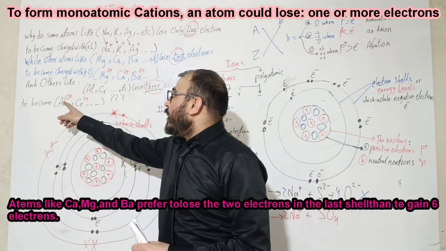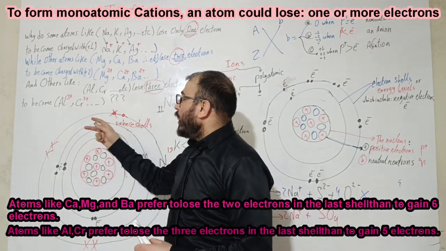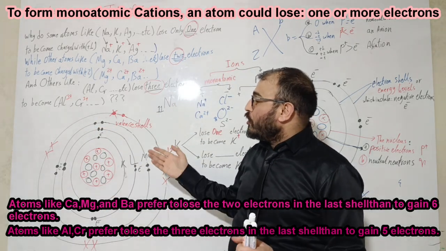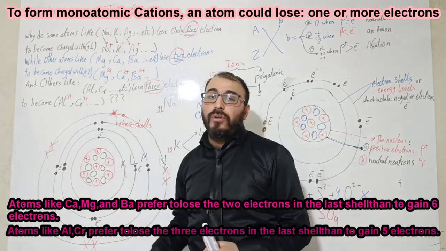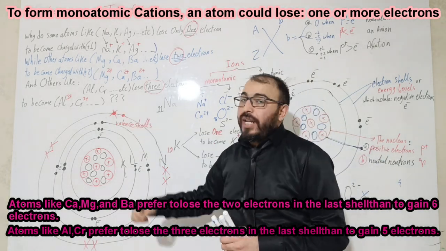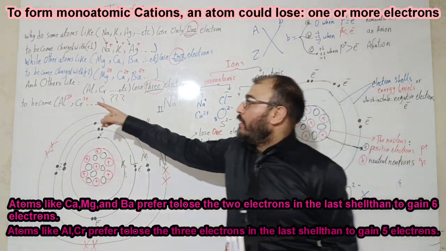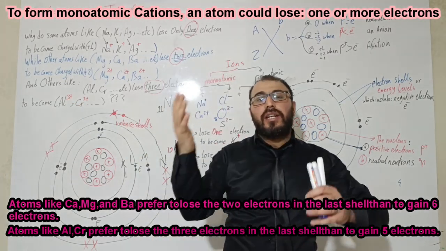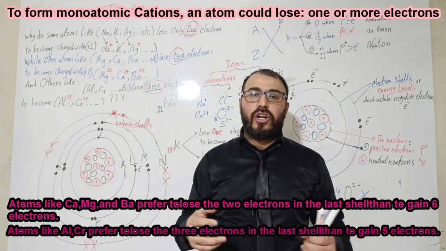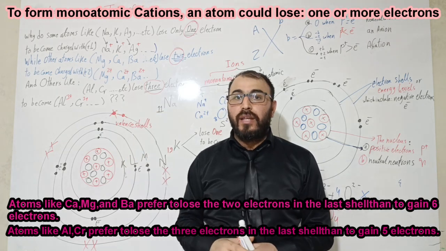The same applies for aluminum, which has 3 electrons in its valence shell. Like chrome, it prefers to lose those 3 electrons and become +3 rather than gaining 5 extra electrons to be charged -5.